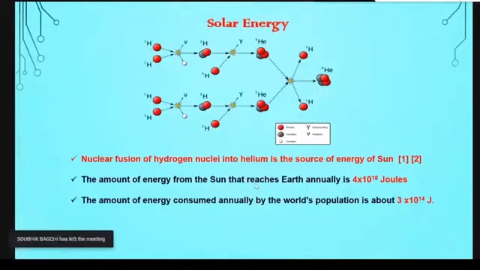And you can see here that the entire world population consumes only 3 into 10 to the power 14 joules of energy, and the sun has the potential to deliver 4 into 10 to the power 18 joules of energy.